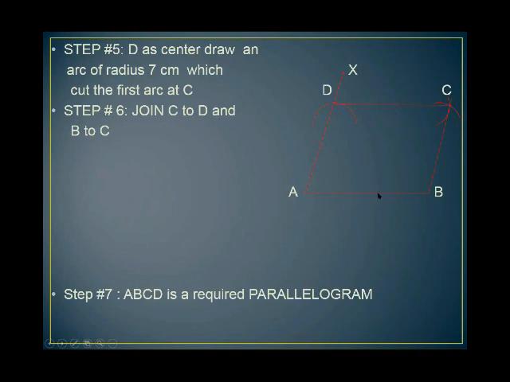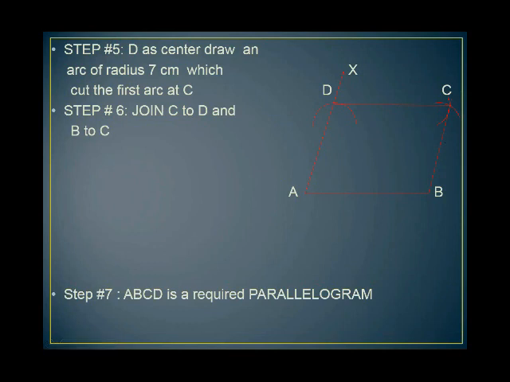Why? Because we know that the opposite sides are parallel and equal. That's why we construct AD with the same measurement as BC and DC with the same measurement as AB. And ABCD is the required parallelogram.